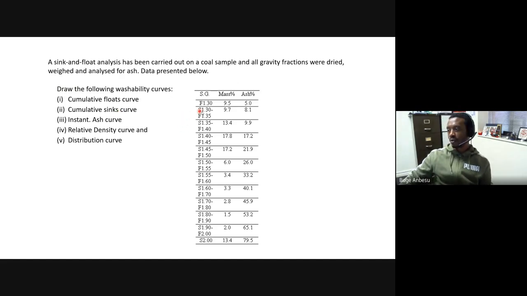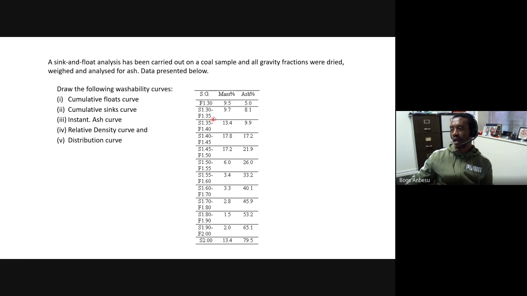So I'm not sure if everyone understands what this shows to start with, but what it shows is you do a sink and float at 1.30, and of all the float you collected, 9.5% is in this range.